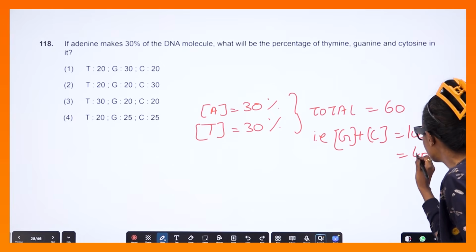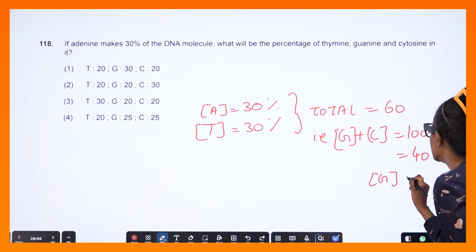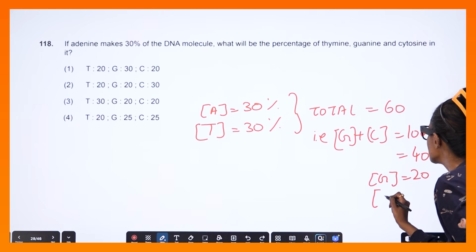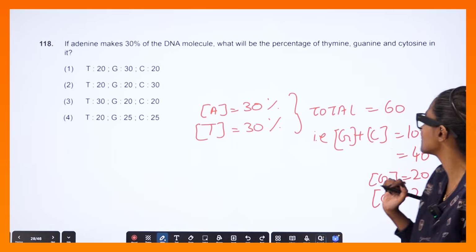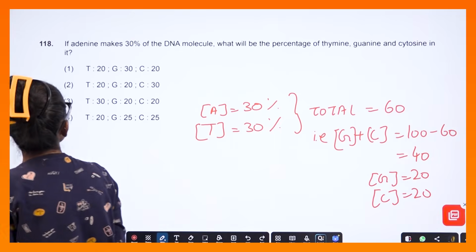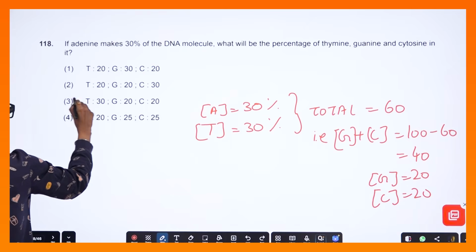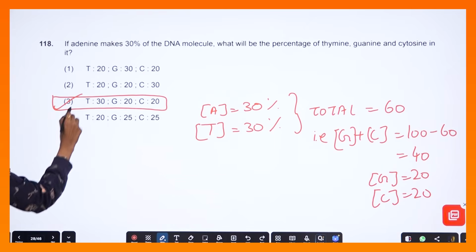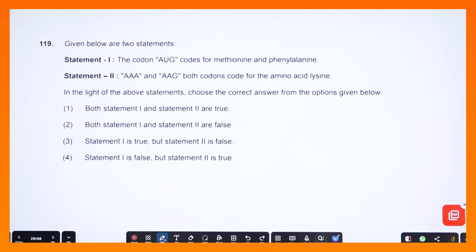If G plus C is 40, then G should be 20 and C should also be 20. Only then G plus C comes out to be 40. So GC 20 and thymine 30. Okay, let's move on.